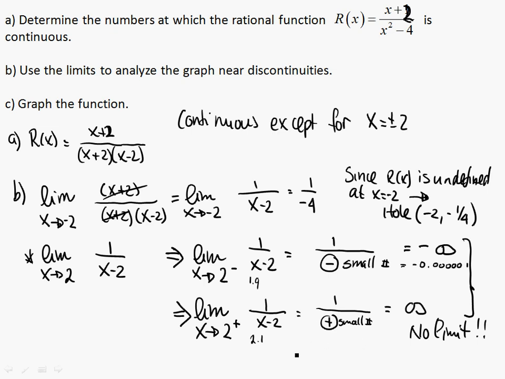What does that mean then? What do you have at 2? So what do you get at x equals 2? You have what? What kind?